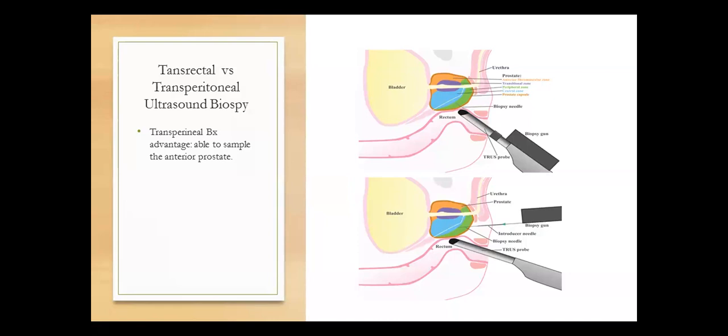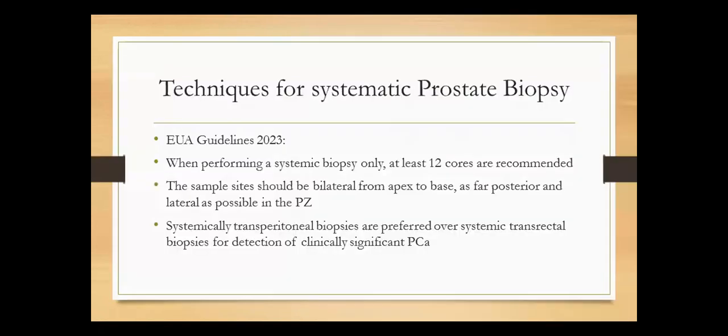I just wanted to give us a sneak idea, because we already know, but it's good to always see an idea of how it's done, as we are going to talk about infections later on. Of note is that when you do the transperineal biopsy, there is a higher chance of getting anterior lesions as compared to transrectal biopsy, which is why it's come into favor now. One of the reasons, apart from the lower infection rates, of course.